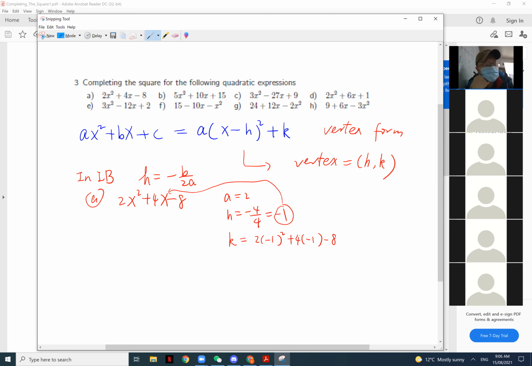That's called the substitution, which gives negative 10. So we got a, h, k. Therefore the answer is a(x minus h) squared plus k, where a is 2, h is -1, and k is -10.